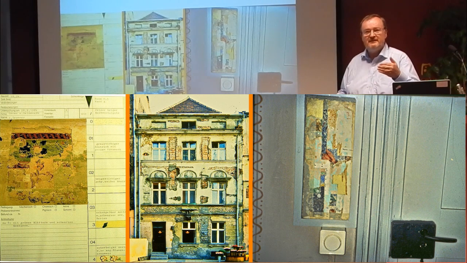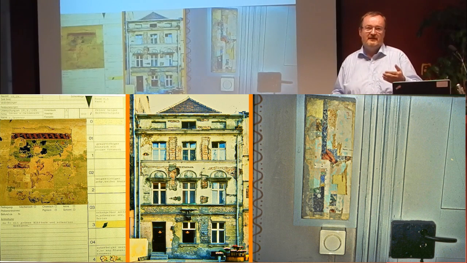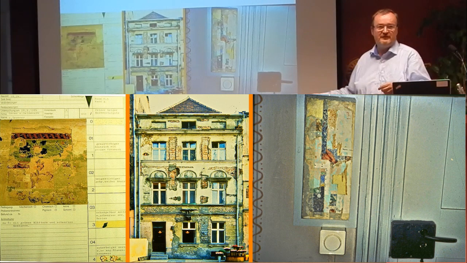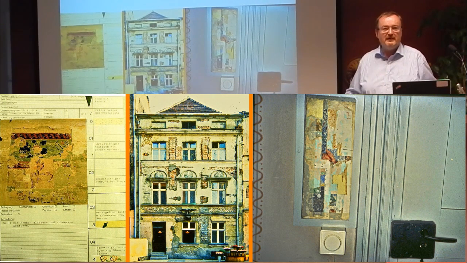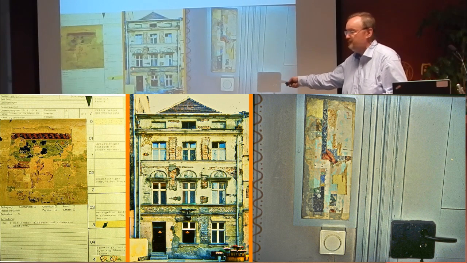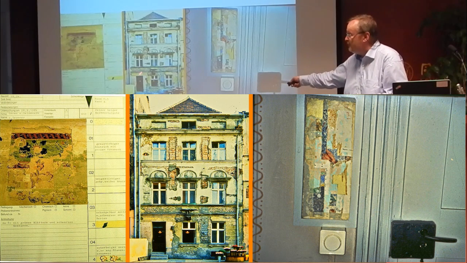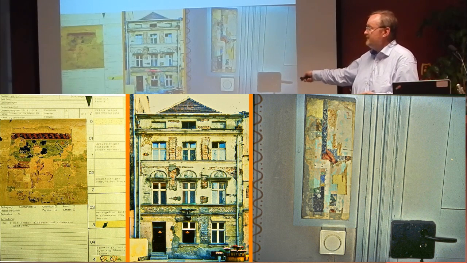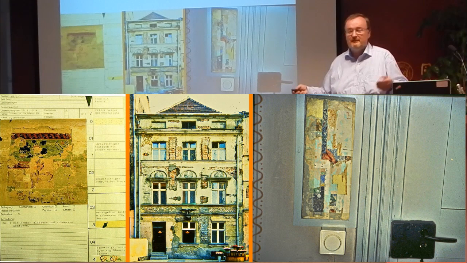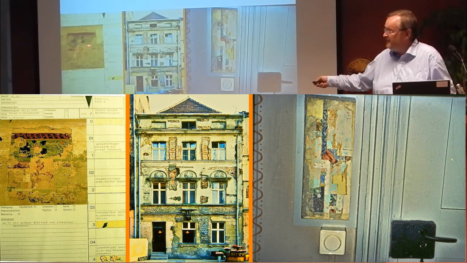So the trick is to have a good conservator, a good restorer, who is clever and doesn't need huge holes to destroy the building and find out that there is a late Gothic structure in this classicistic facade. That's the whole thing. And it was enough if he had looked here. So we need very clever restorers to find it.